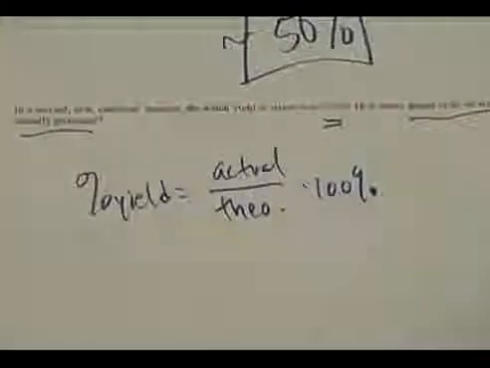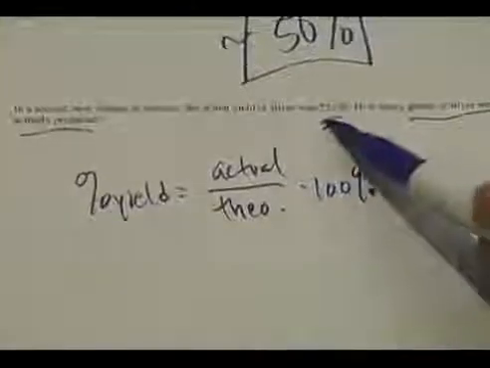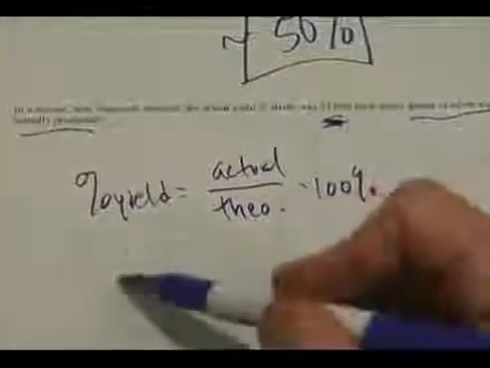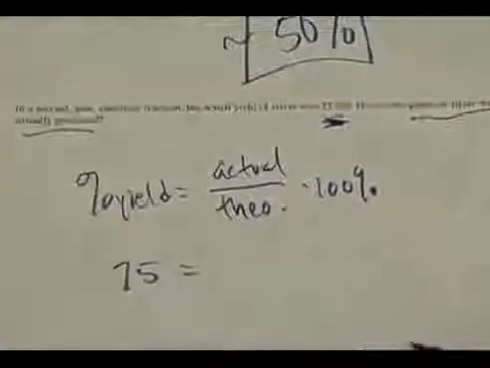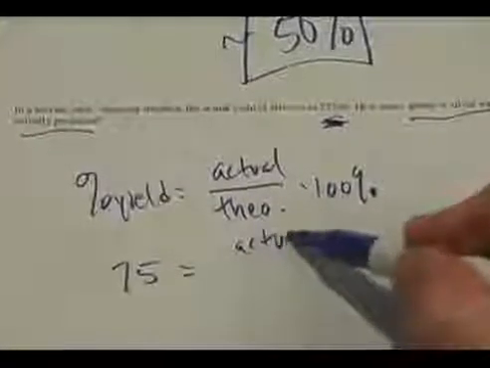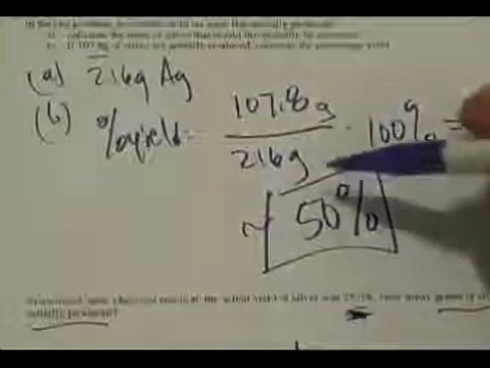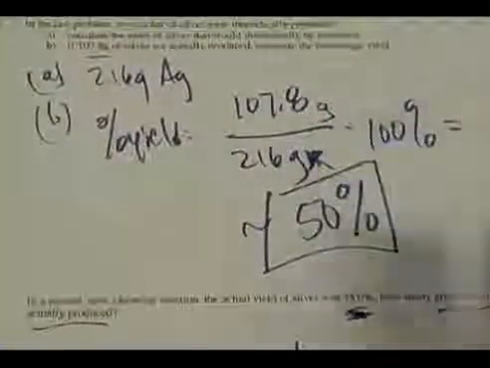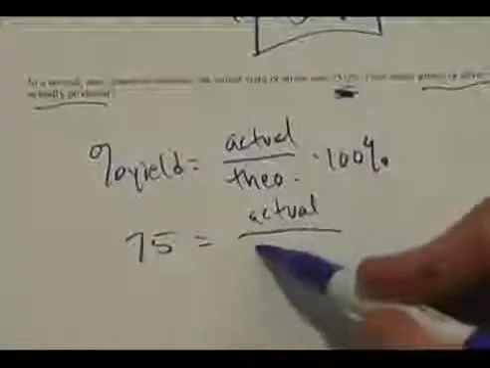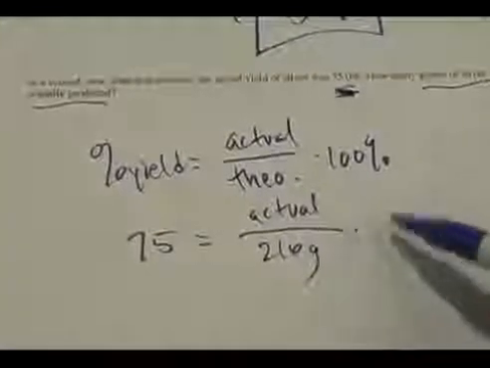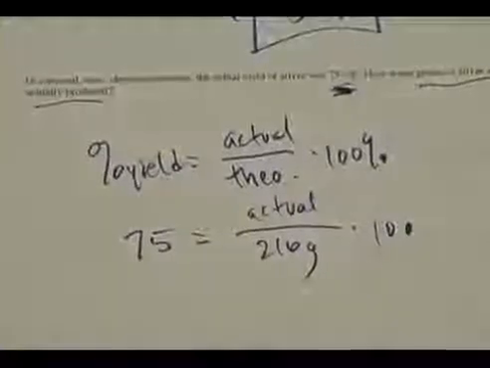I'm sorry, I forgot to put that in there. The percent yield was 75%, so I'll put that in here. 75 is equal to the actual, that's the thing that I want to find, divided by the theoretical. And if I look back up here, my theoretical yield was 216 grams. I did that by doing the stoichiometry in the last problem. So 216 grams goes down here, times 100%.